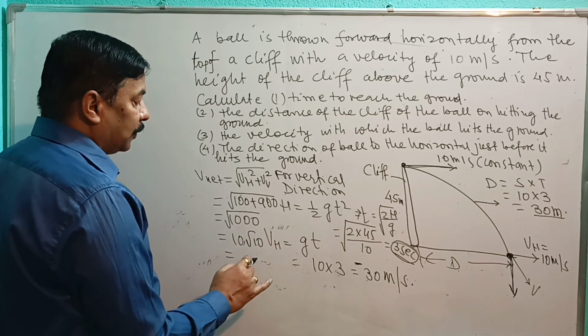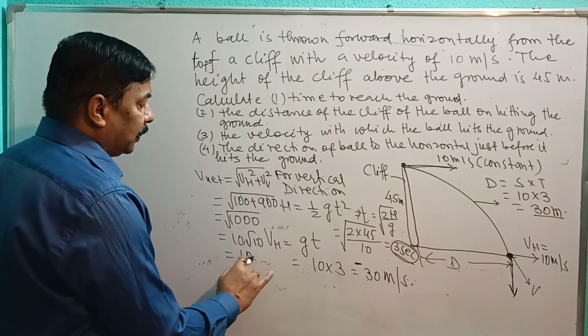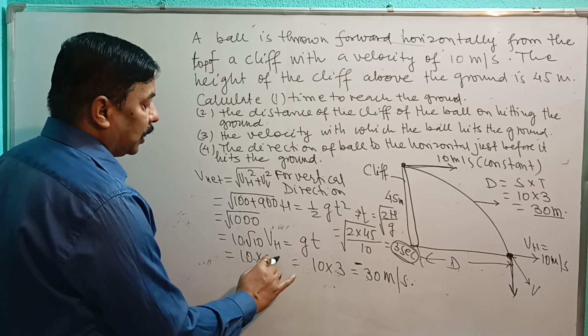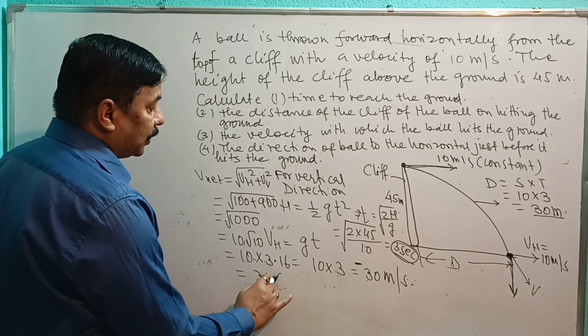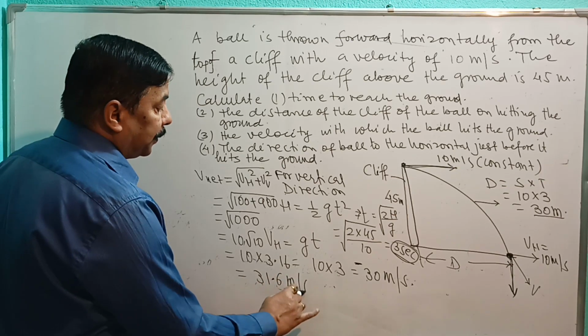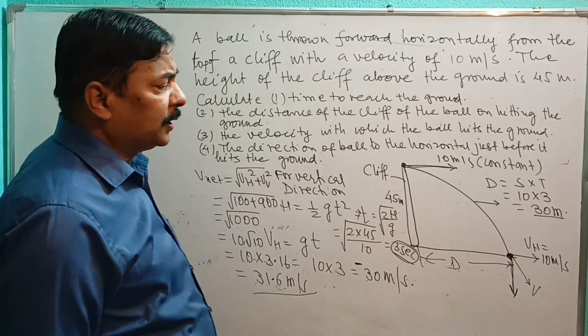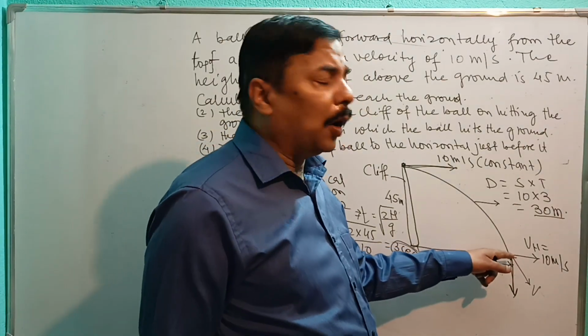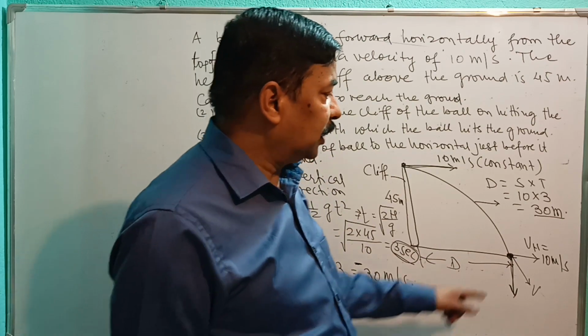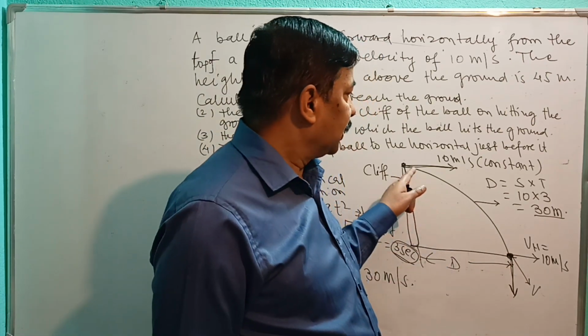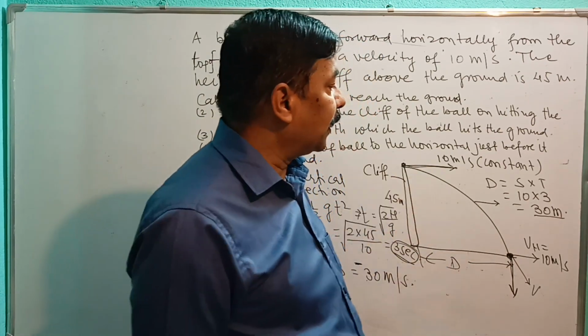Root 10 is 3.16. So 10 into 3.16, which is 31.6 meter per second. So this is the velocity of the ball just before hitting the ground. This is the velocity of this ball which was projected here.